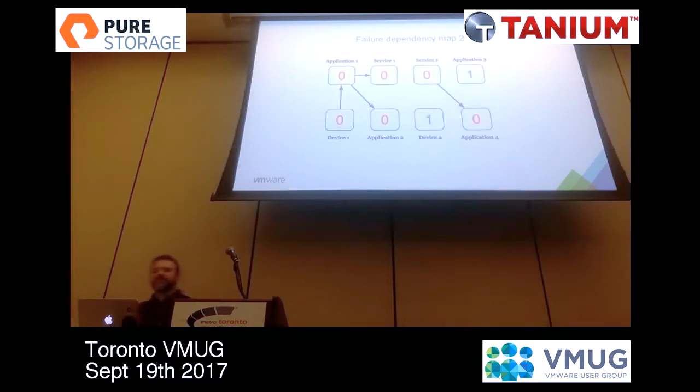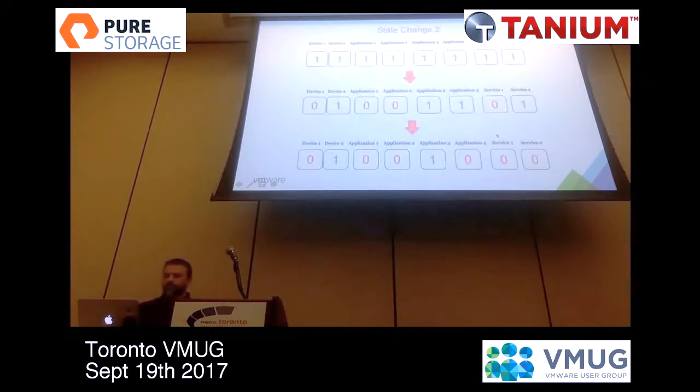Now let's say that we have another failure in the environment where service 2 fails, and that's associated with application 4. So the way that would look in this instance is you have the initial good state, you have the first failure which goes over to this, and then you have the second failure, and then that ends up in this state over there. So each step of the way, you go through a state change. It changes the state ID of your infrastructure.